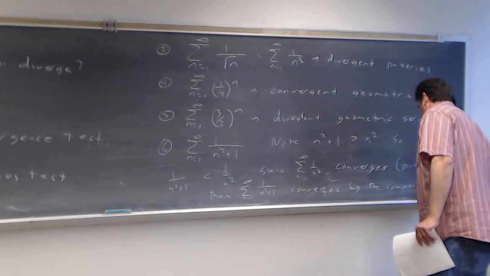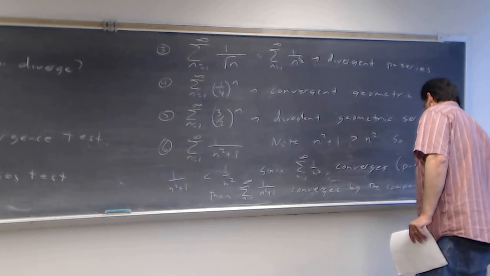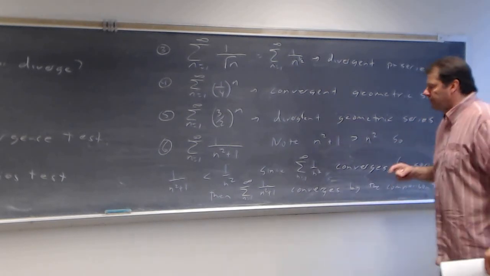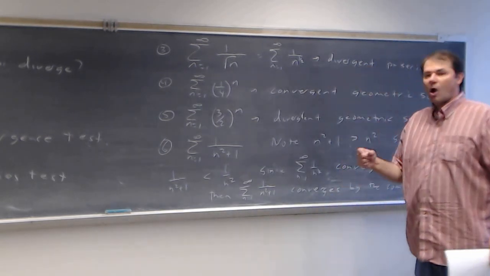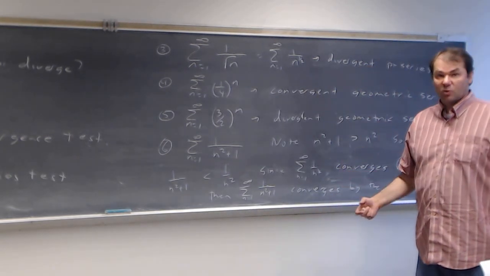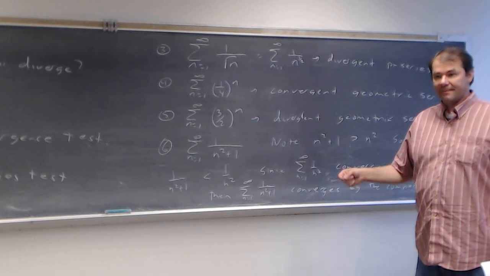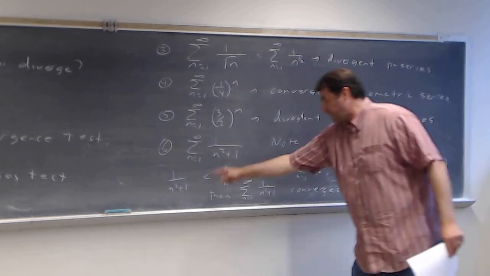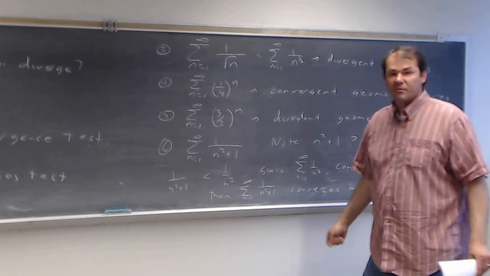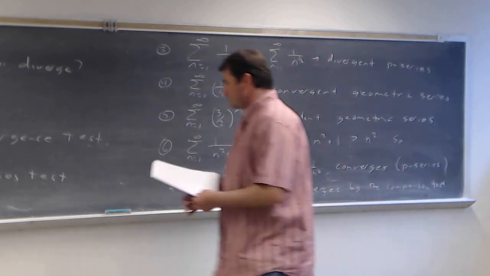It's that part A of the comparison test. And look, this statement right here is true for all n bigger than or equal to 1. So the natural number for which this statement holds true is from 1 and on.